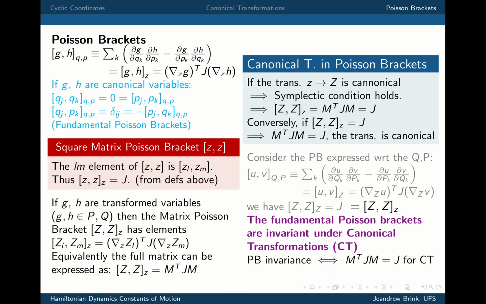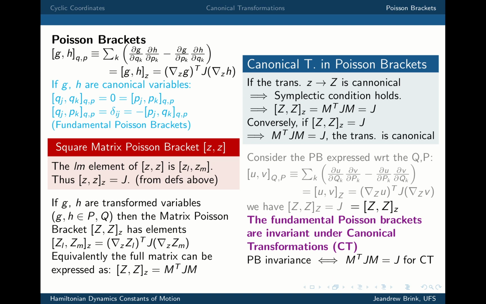So what you have is that Poincare invariance is equivalent both ways to the symplectic condition of your canonical transformation. This is why I'm giving you all of them. When you read the literature, you're going to see people talk about this thing in different ways, and I want you to know how they translate between the two.